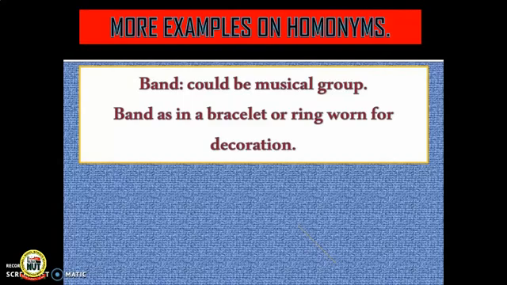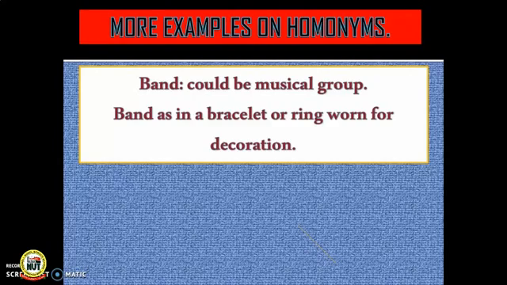They have the same spelling and the same pronunciation, but they can mean different things. Alright, and we'll be looking at some examples here.